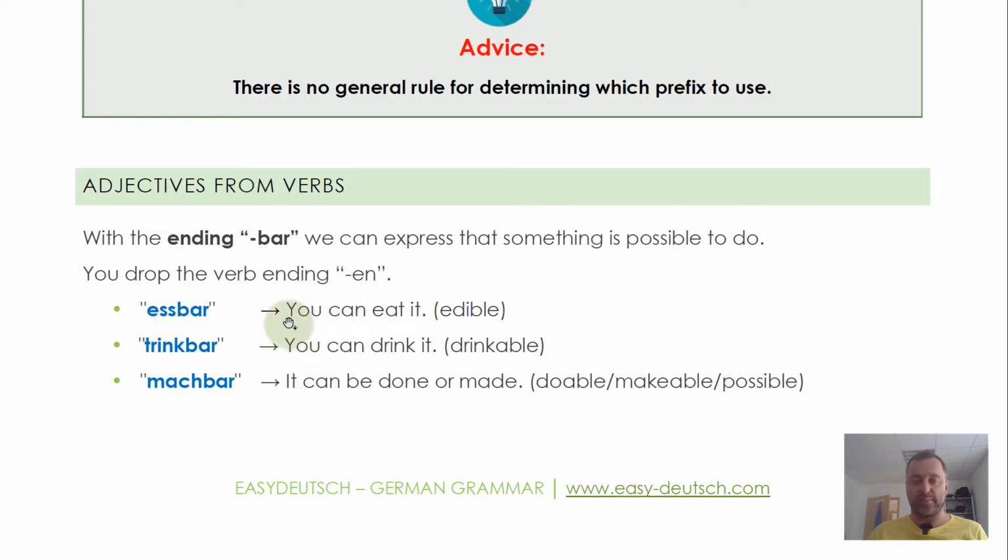Essbar means you can eat it. Trinkbar, so it's drinkable. You can drink it. Machbar, it can be done or made. So doable, makeable, possible. This is just taking the meaning of the verb and adding bar, and that makes the action of the verb possible to do.